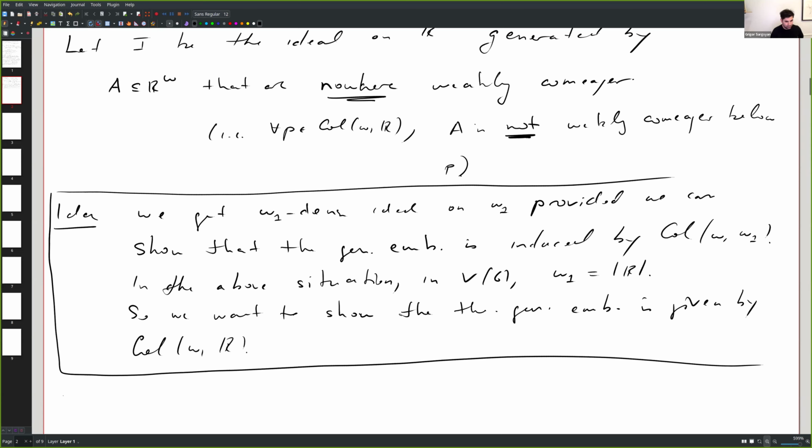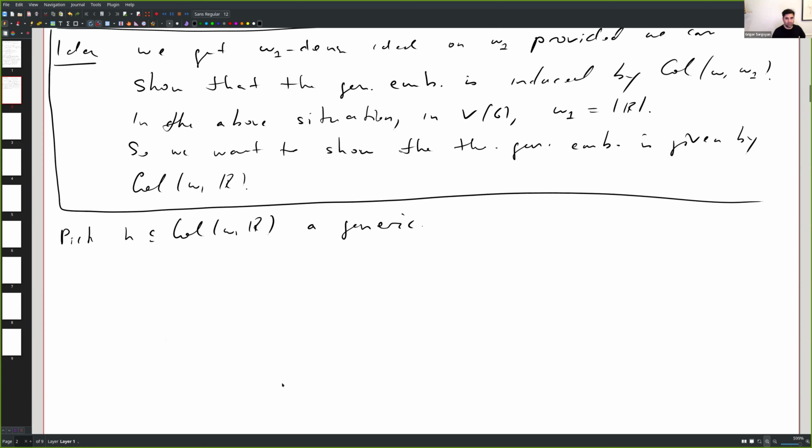Now we pick H, a Col(omega, R) generic. And now we have to remember what we did earlier.